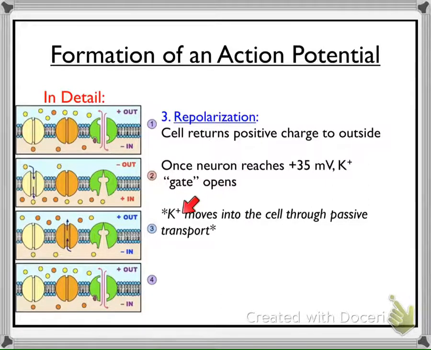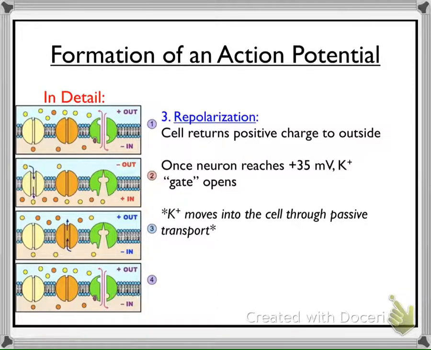of the axon. And just like we had with the sodium, the potassium is going to move through a voltage-gated potassium channel. So at positive 35 millivolts, the potassium gate opens and potassium is allowed to move.